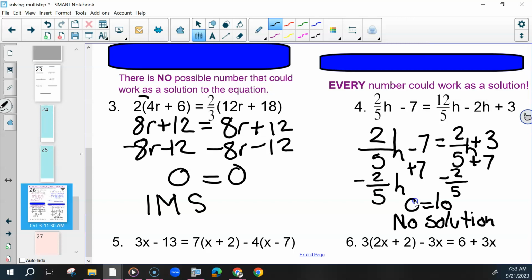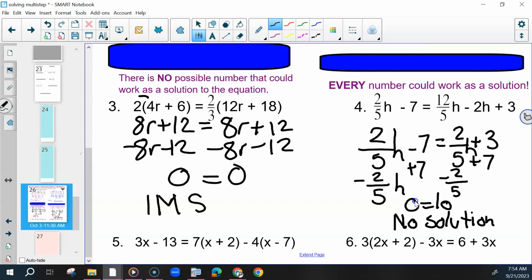Or you can say the coefficients are different. For infinitely many solutions, the variable terms are the same. Both sides are identical.